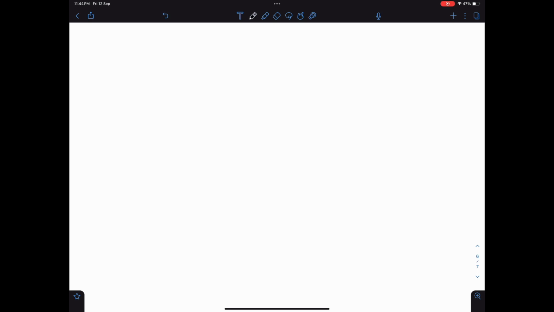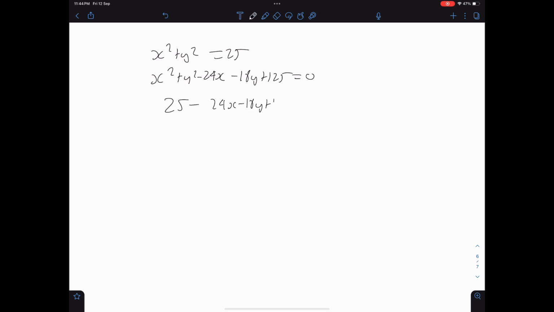And then from doing that, for example, if I took the example of x squared plus y squared equals 25 and x squared plus y squared minus 24x minus 18y plus 125 equals 0, what I could do is replace that with that and say this. Something like that.